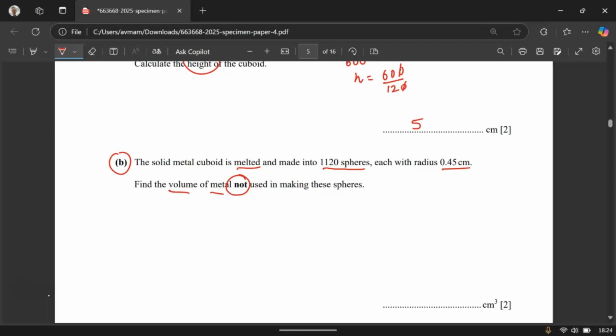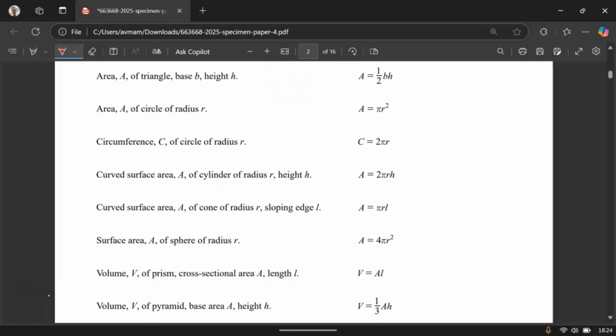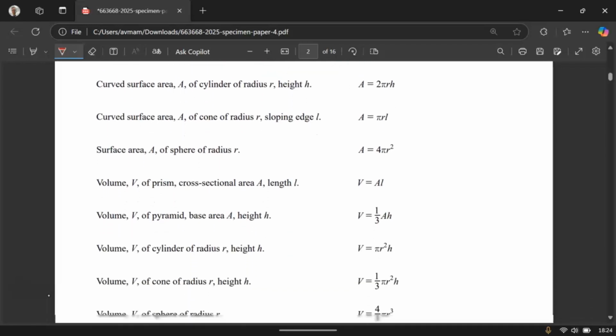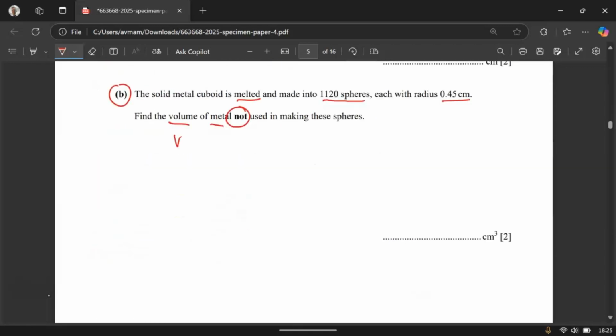Let me take you there. Here we have the list of formulas. Let's find out the formula for volume of a sphere. Volume of a sphere of radius r is V equal to 4/3 pi r cubed.